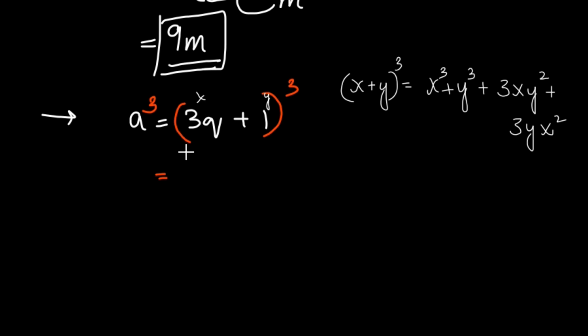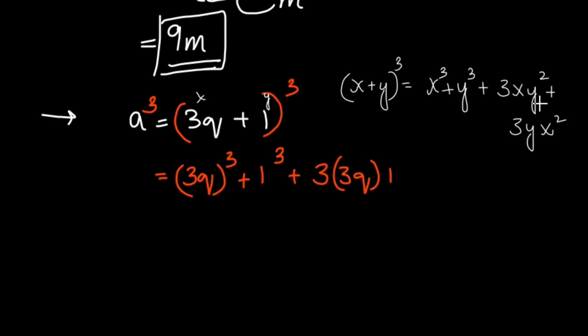x cube will give you 3q cube plus 1 cube plus 3 multiplied by x is 3q and 1 square plus 3 y is 1, x square is 3q square.